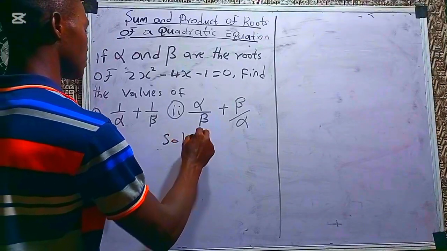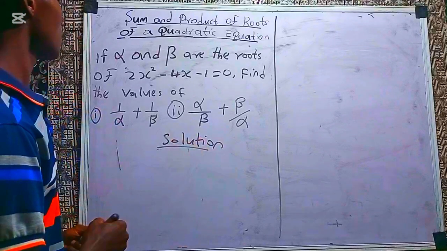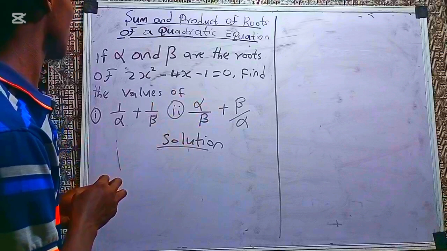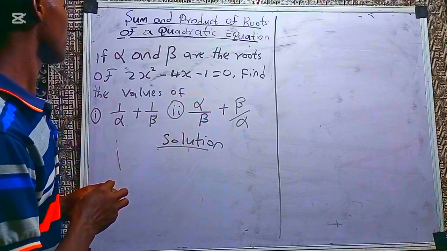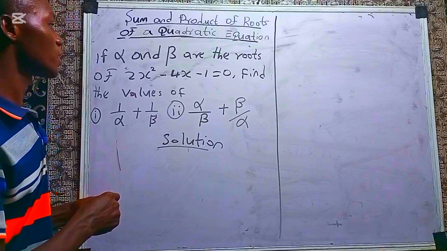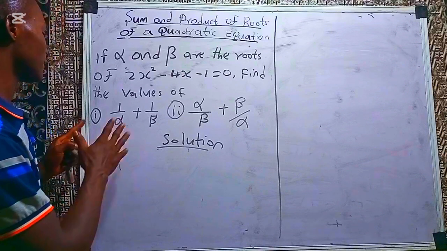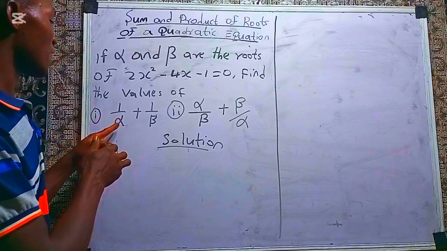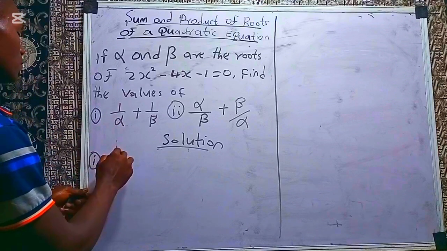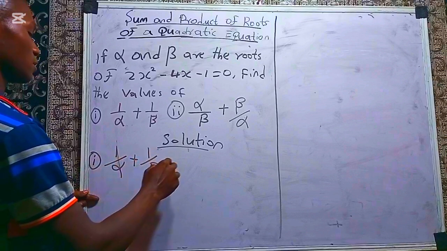So let's start with the first question. The question they ask us here is that if alpha and beta are the roots of this quadratic equation 2x squared minus 4x minus 1 equals 0, we have to find, question I, 1 over alpha plus 1 over beta.